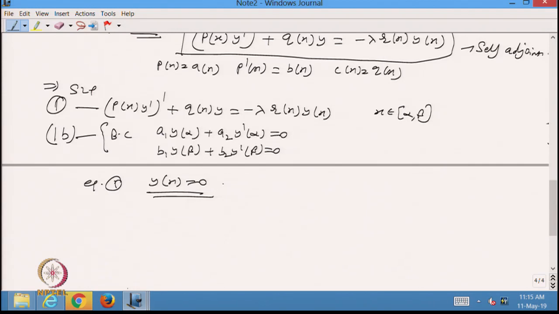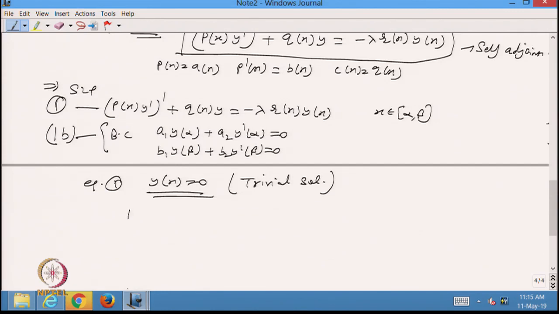Then y(x) = 0 is always a solution of this Sturm-Liouville problem 1, and this solution is called the trivial solution. So, we always go for finding the non-trivial solution of this equation.